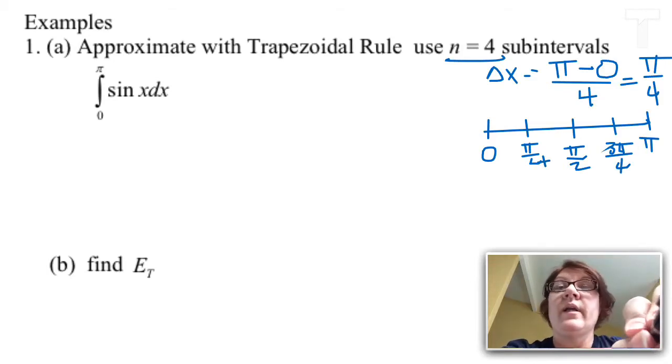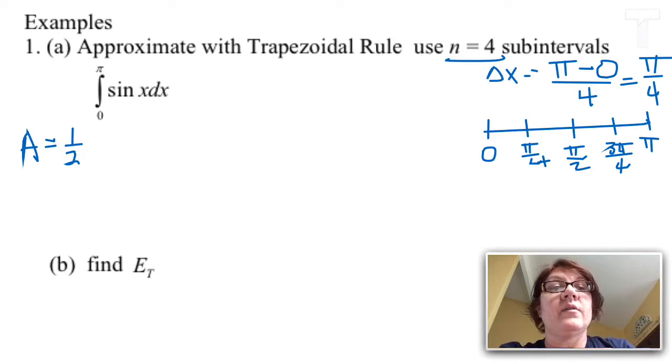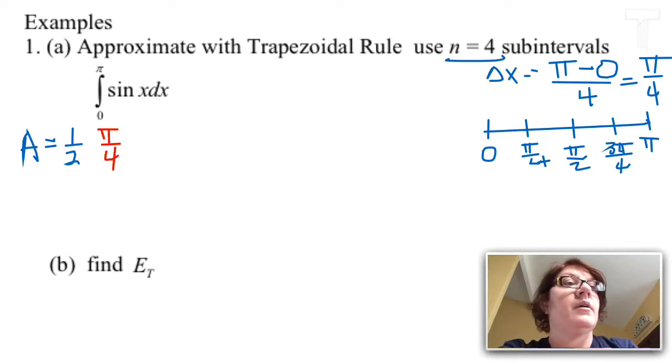And so now, when I get ready to use my trapezoid formula, my delta x is pi over 4. There's my delta x.